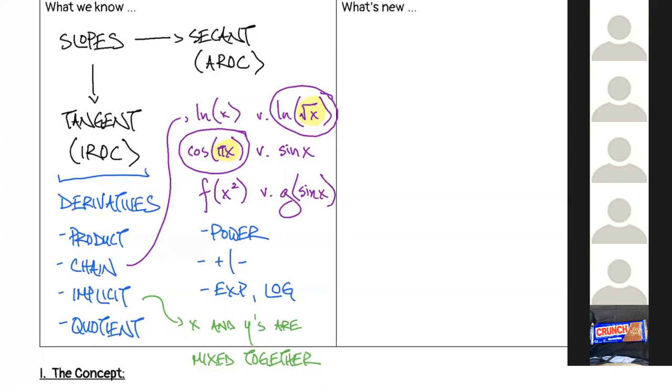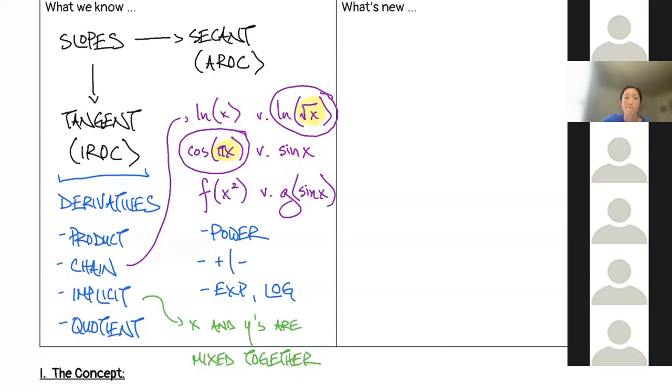I see one vote for both of them. What do other people think? Okay, so 2 votes for both of them.